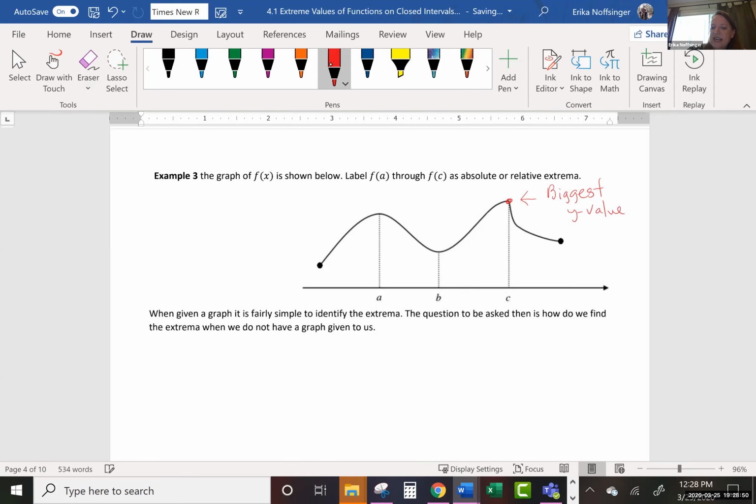So I can see that at x equals c, f of c is an absolute extrema, which is a max, is the type.